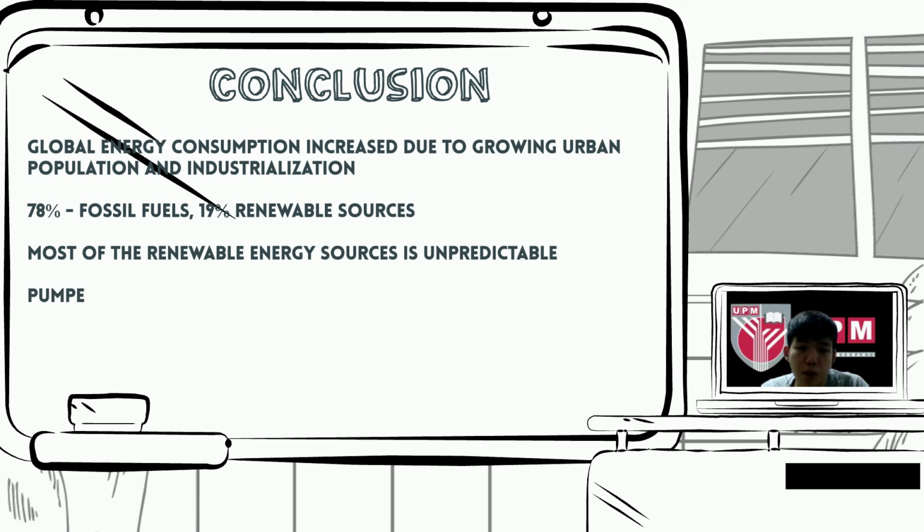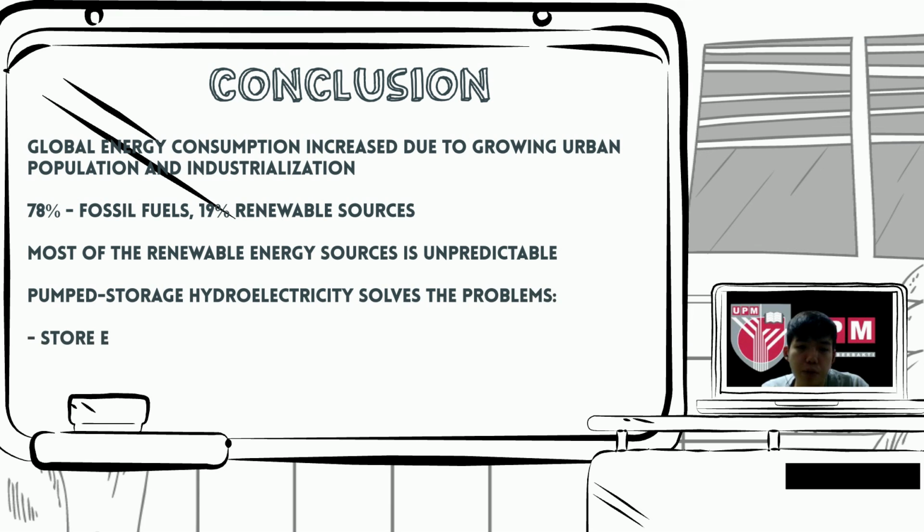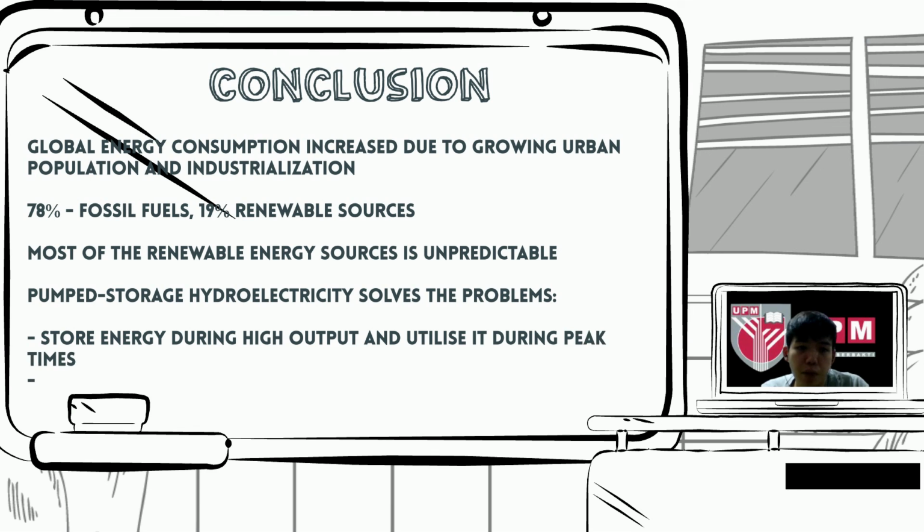Most of the renewable energy sources are very unpredictable. Through this case study, we can know that pumped storage hydroelectricity can solve the problem.